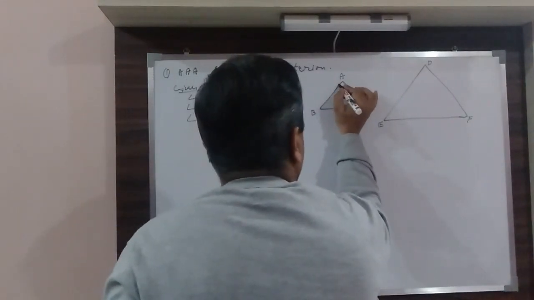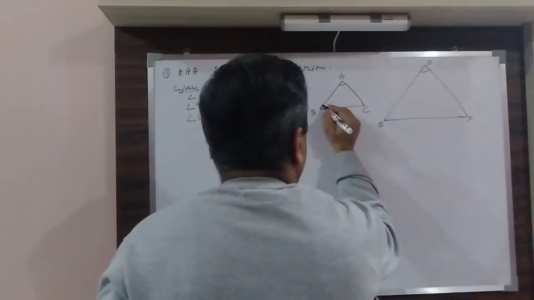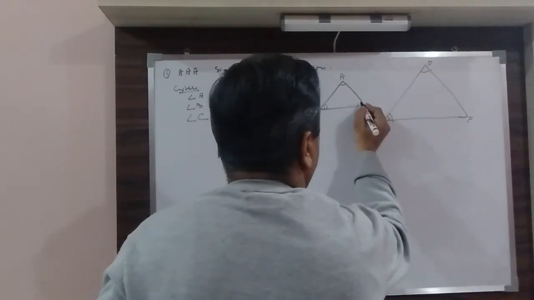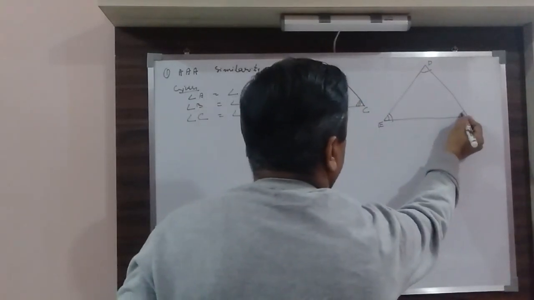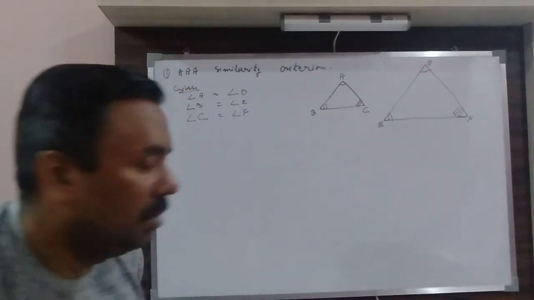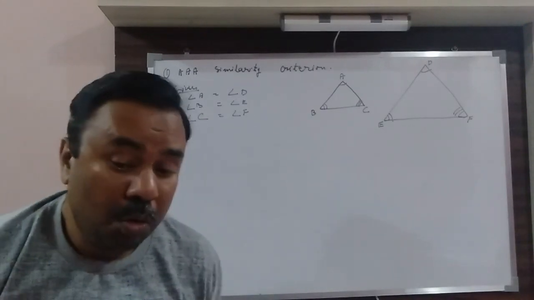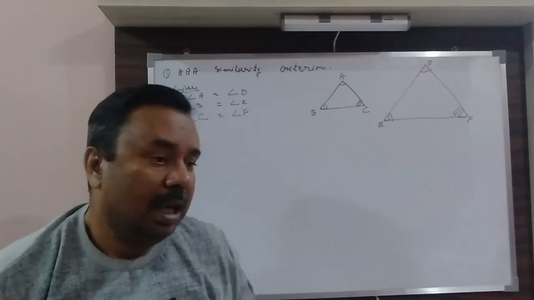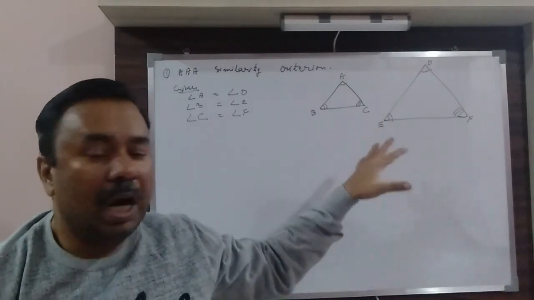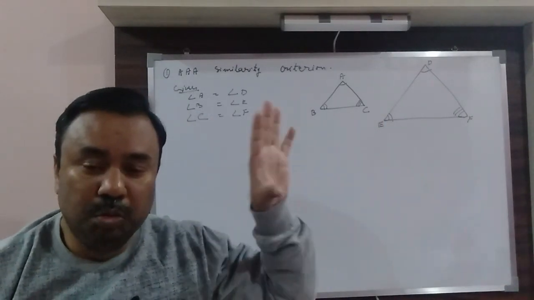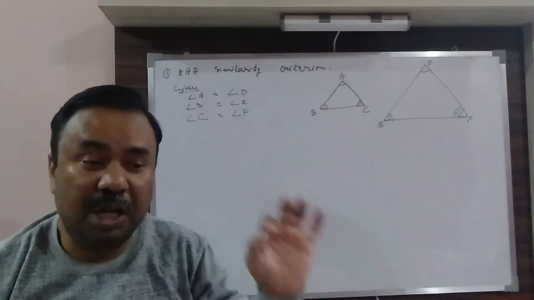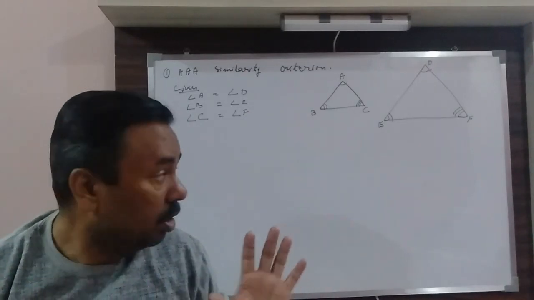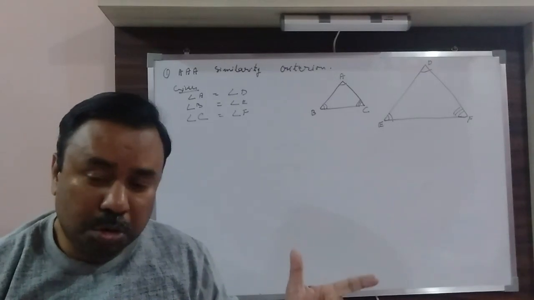That is, A is equal to D, B is equal to E, and C is equal to F. Okay. So what I told you at the start of this lecture is that if two triangles are to be similar, then two particular conditions are to be fulfilled. What were those two conditions?